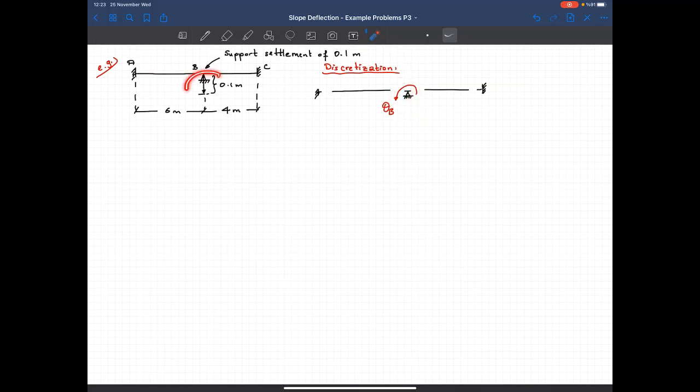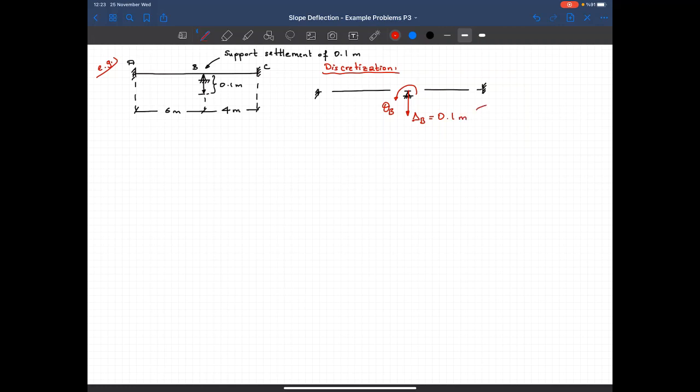But we know that there's a translation, right? It happened because we don't have a strong foundation. But the difference is there's delta B, and we know its magnitude. Delta B is equal to 0.1 meters.